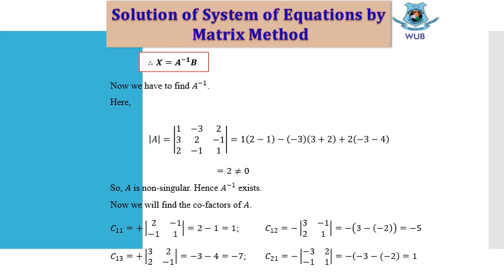For this, at first we consider a constant or a variable which is capital letter C, and capital letter C is used to find the cofactor of A. So what's the value of C11?